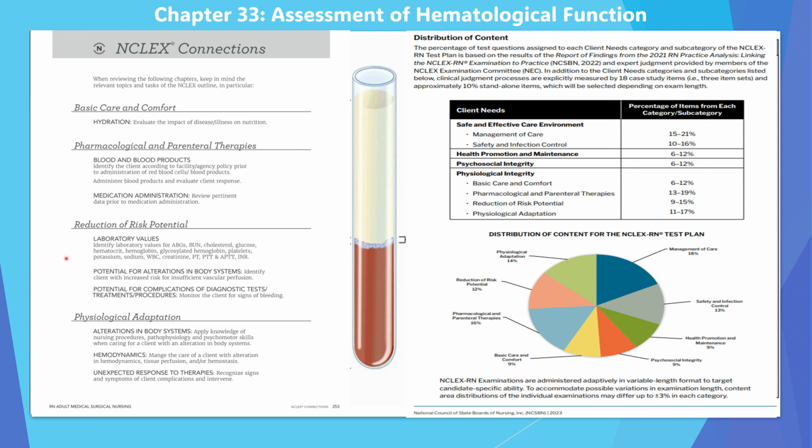Potential for alteration in body systems. Identify client with increased risk for insufficient vascular perfusion, potential for complication of diagnosis, treatments, products, monitor the client for signs of bleeding. And then here for physiological adaptation, alteration in body systems: applied knowledge of nursing procedures, pathophysiology, and psychomotor skills when caring for a client with an alteration in body systems.